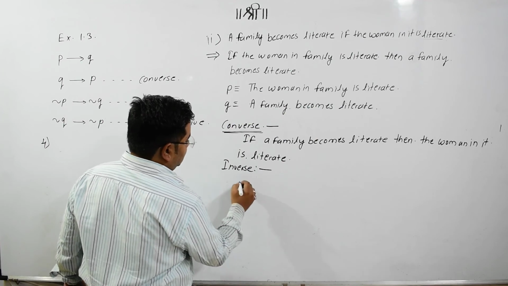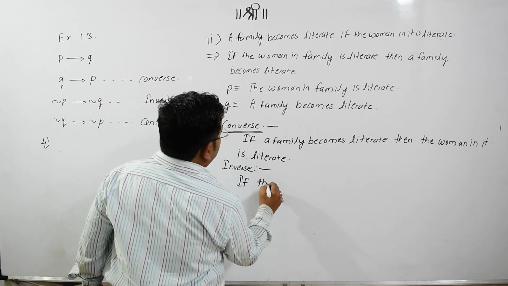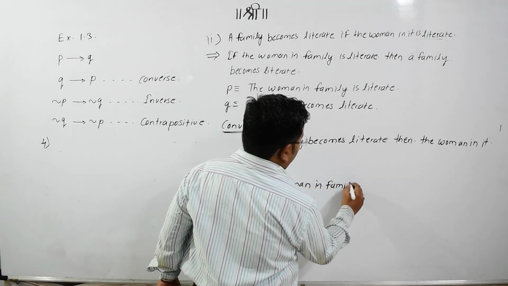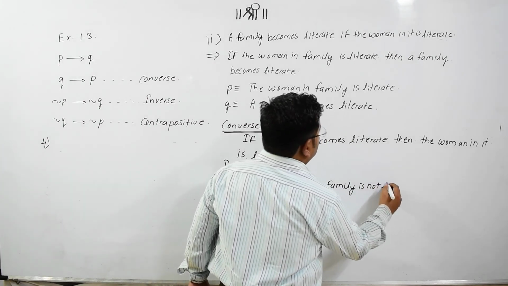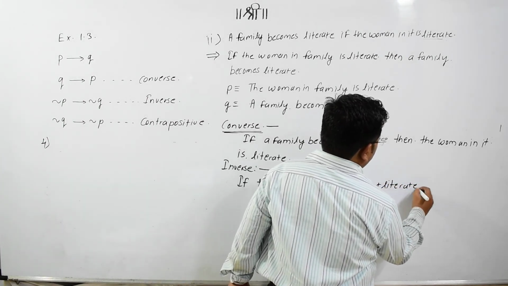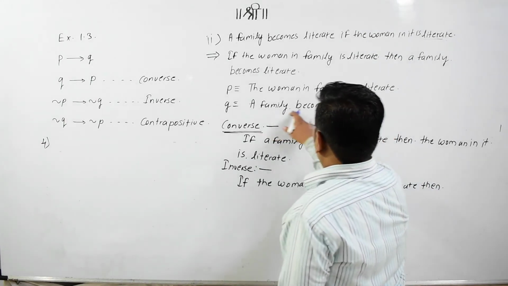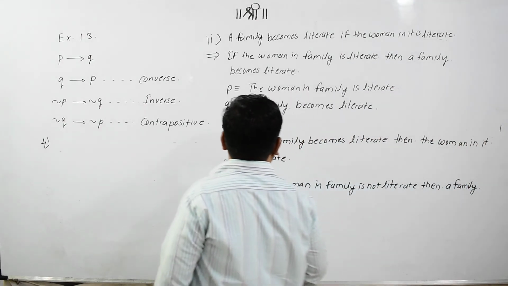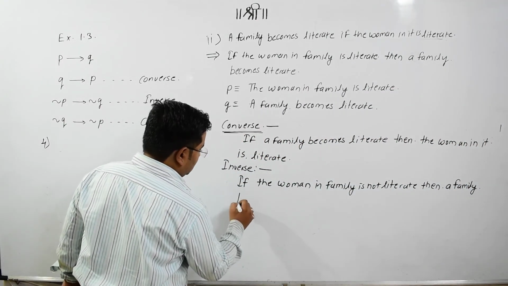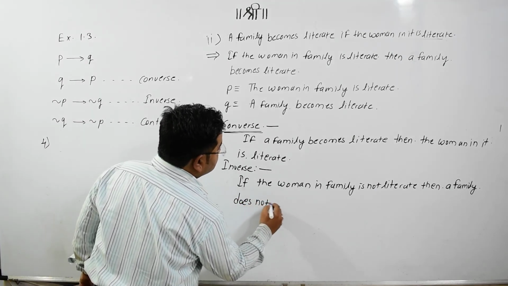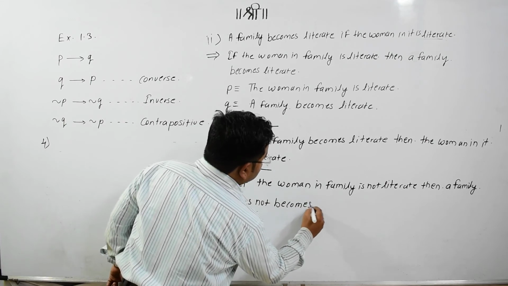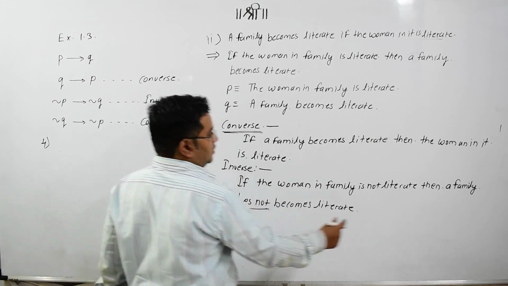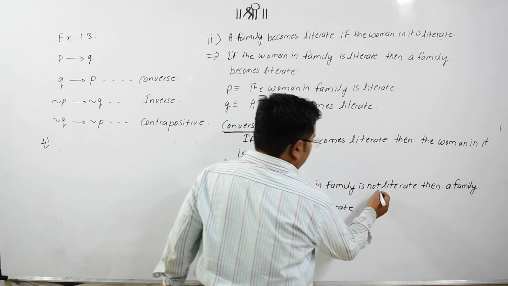So if the woman in the family is not literate, then a family does not become literate. Understood? We are putting this does not because this is family, and we are putting this not only for woman.